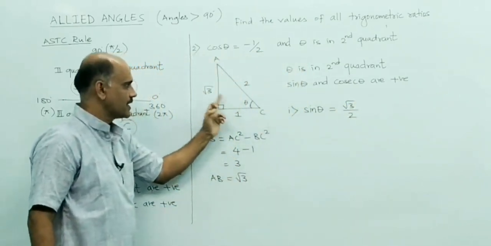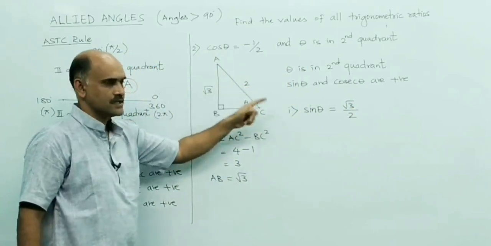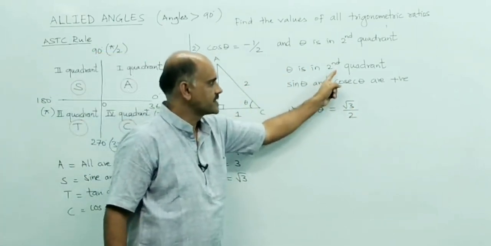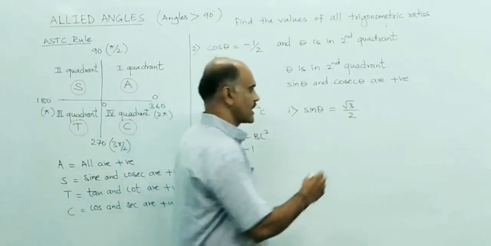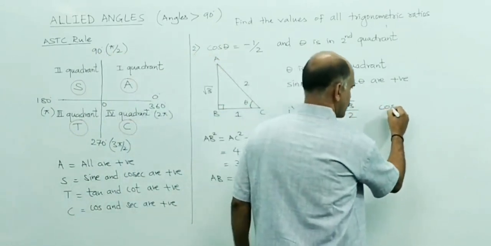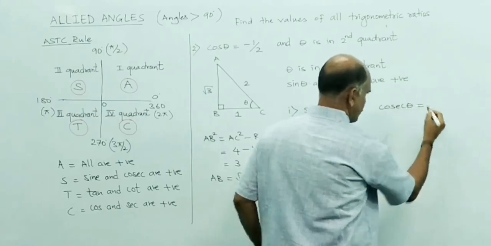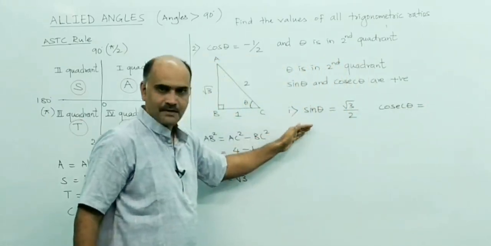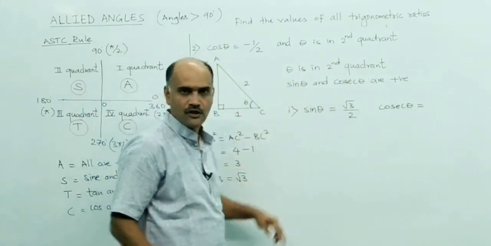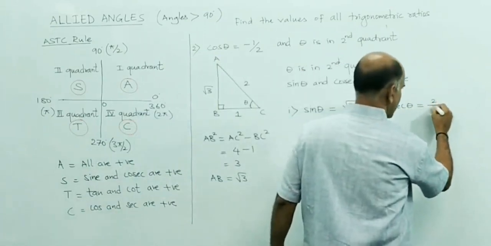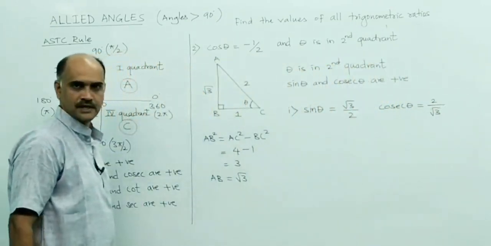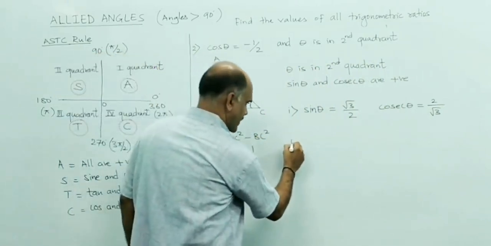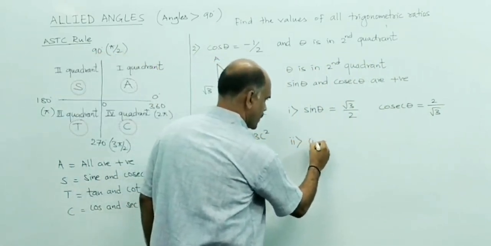So just after that you write its reciprocal. So cosec theta will be 1 by sine theta, that is reciprocal of this. So you will have 2 by root 3. Similarly, second if I take cos theta.